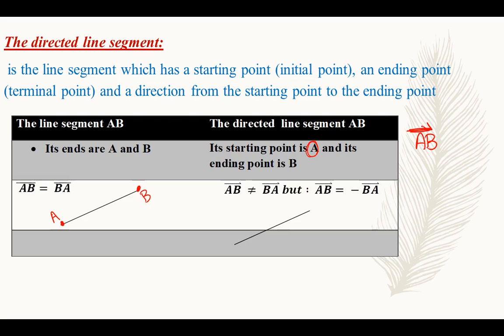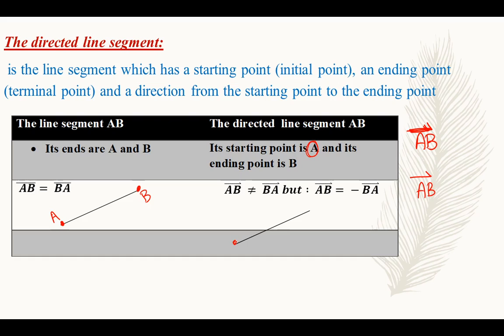So this is the symbol of the directed line segment. I will write it again, AB with a half ray. It starts from A, the initial point, and B is the terminal point. So it has a direction. And the directed line segment AB is not equal to the directed line segment BA.